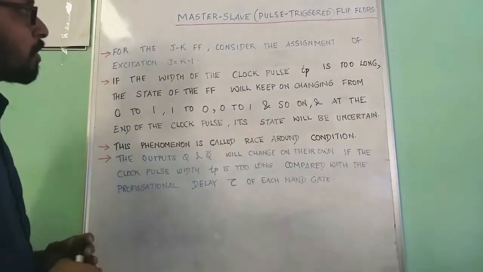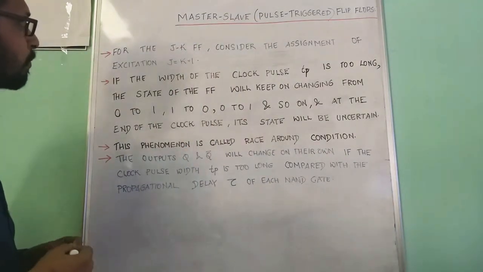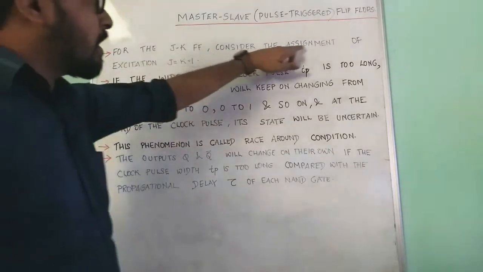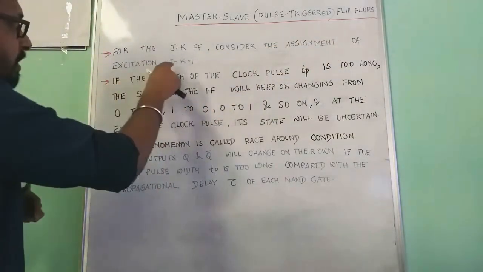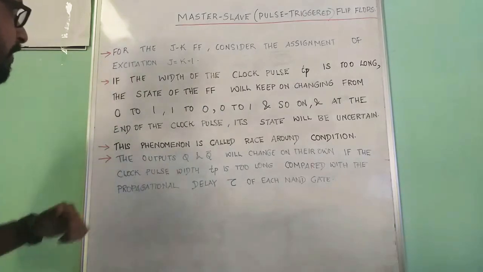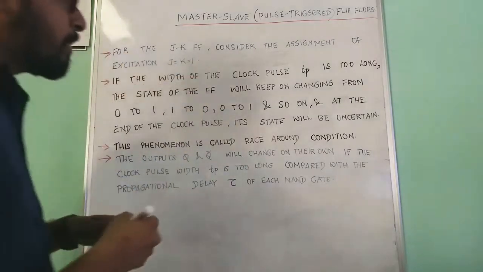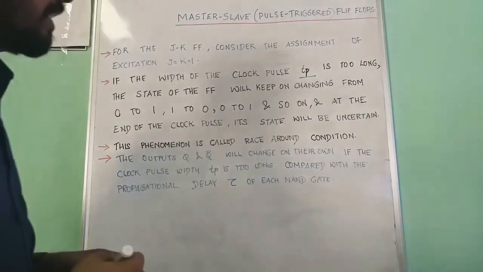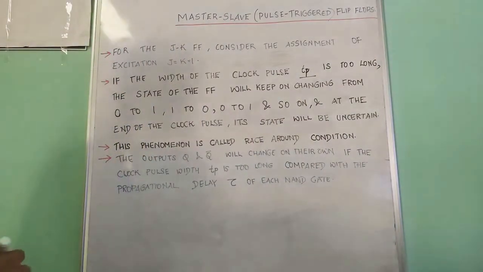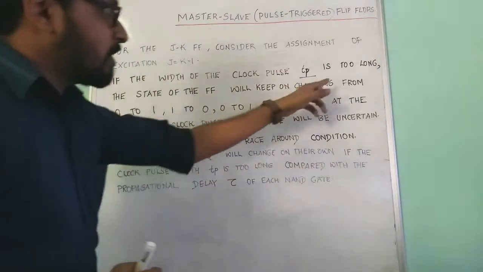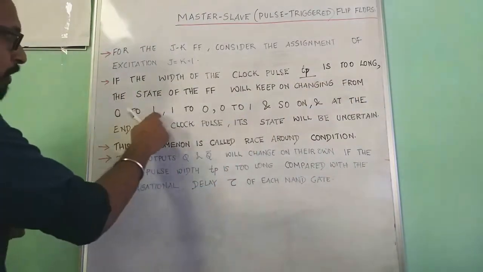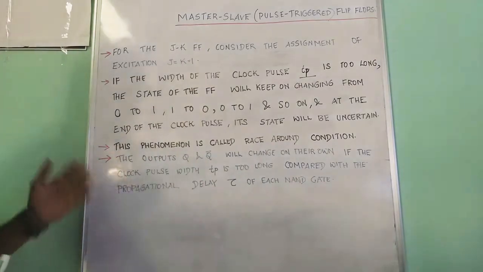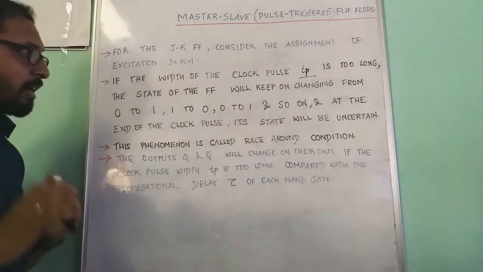Master slave flip flop or pulse triggered flip flop. For the JK flip flop in the edge triggered concept, consider the assignment of excitation J equal to K equal to 1. If the width of the clock pulse, T subscript P, is too long, the state of the flip flop will keep on changing from 0 to 1, 1 to 0, 0 to 1 and so on, and at the end of the clock pulse its state will be uncertain.